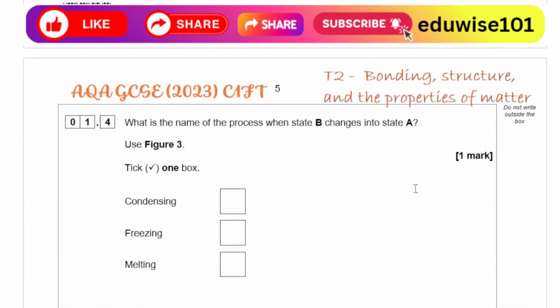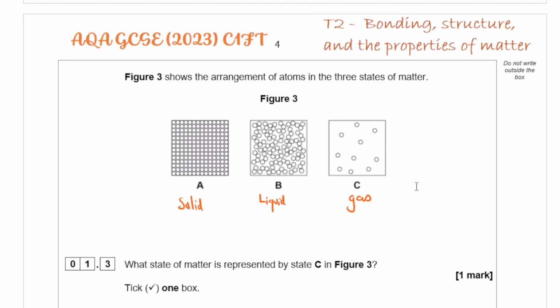What is the name of the process when state B changes into state A? So that's a liquid changing into a solid. Let's label that as well. If A goes to B, a solid becoming a liquid, that's melting. The reverse is freezing.